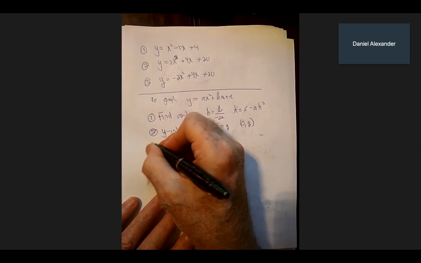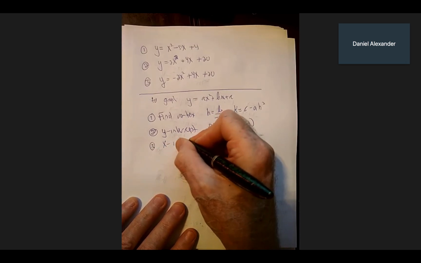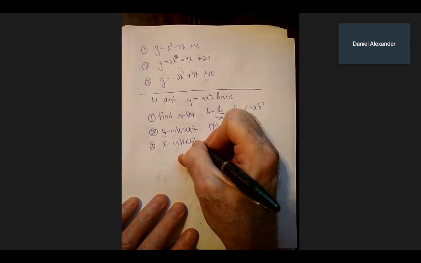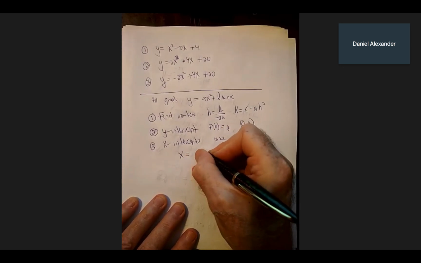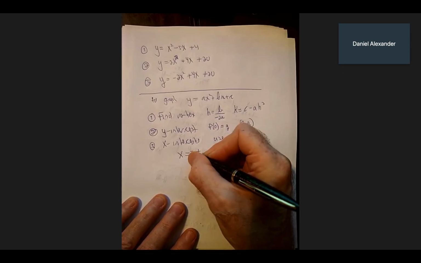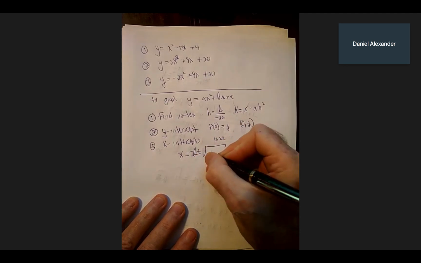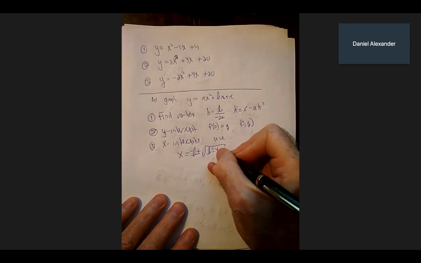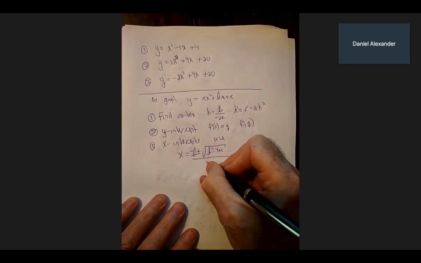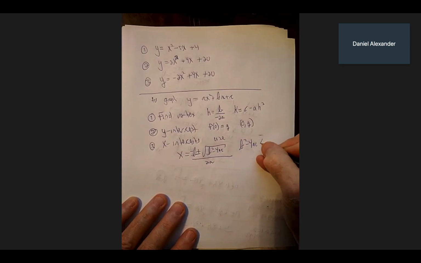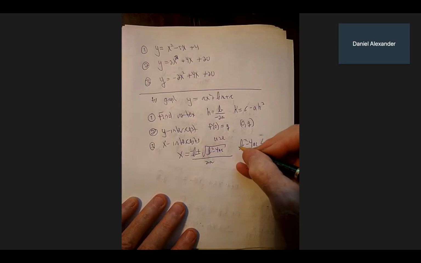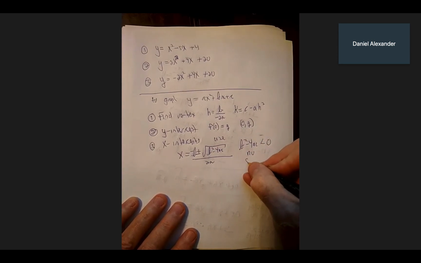And then the third, you want to find the x-intercepts, and you're going to use the quadratic formula, x equals minus b plus or minus the square root of b squared minus 4ac, over 2a. If b squared minus 4ac is negative, what's inside the square root is negative, then there are no solutions.